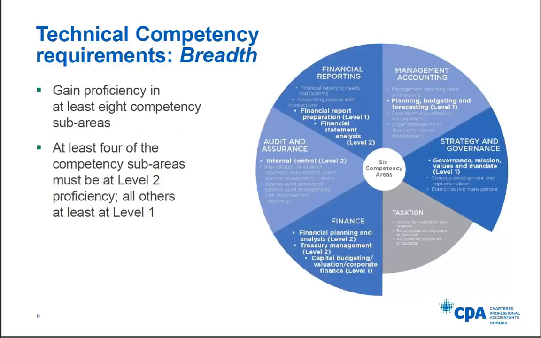In total, at completion, you need 4 level 2s and 4 level 1s. If we go back to our financial reporting example, to ensure you have met the breadth requirement, you would need to achieve 2 additional level 2s and 2 additional level 1s in any of the other 7 competency areas. It is okay for core, depth, and breadth to overlap.